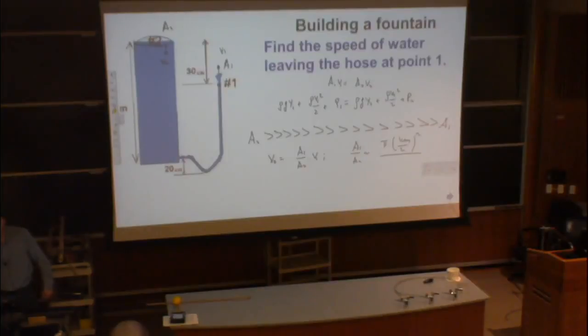If I use centimeters, it's 2 zeros: pi times (1000 centimeters over 2) squared. Pi gets cancelled, 2 and 2 get cancelled, so this ratio is about 1 over 1,000 squared, which is 1/1,000,000. So this is practically zero.